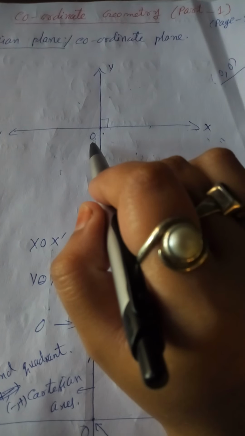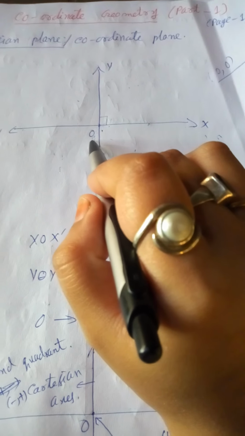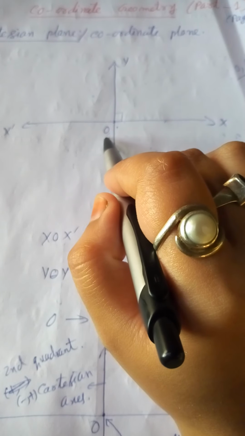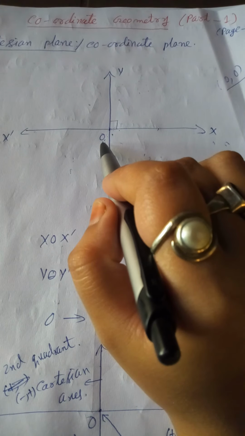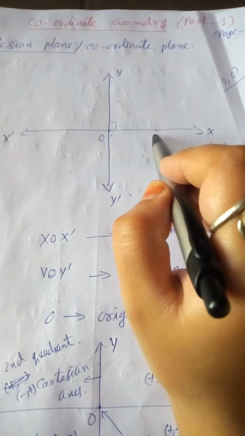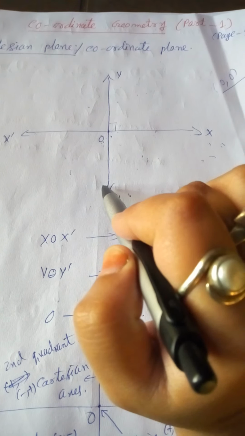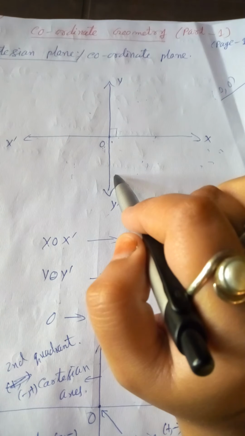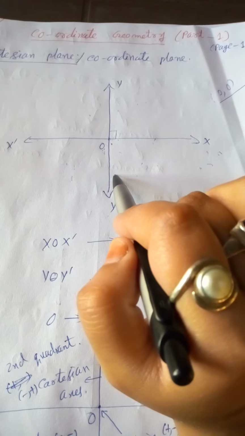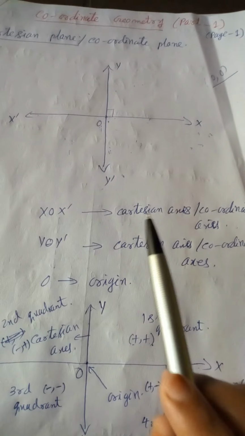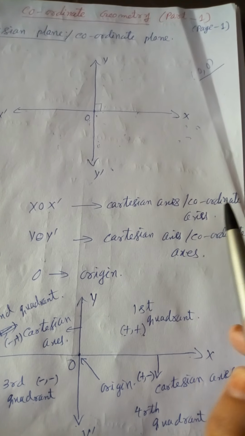See, this one is denoted by O, and these axes are called X'OX and Y'OY. These two straight lines are called the axes, coordinate axes or Cartesian axes. Here I am writing X'OX, Cartesian axis or coordinate axis.